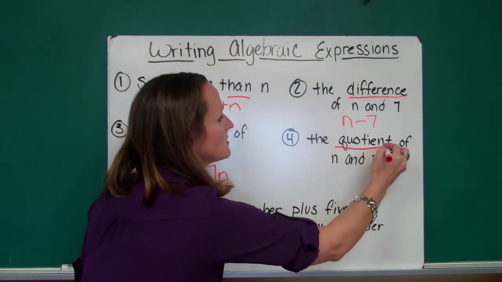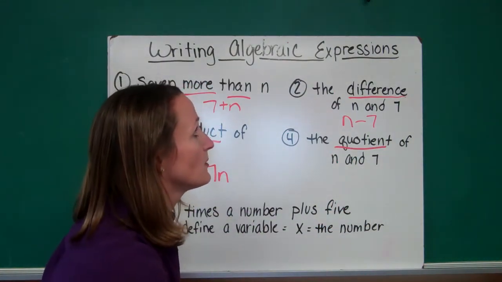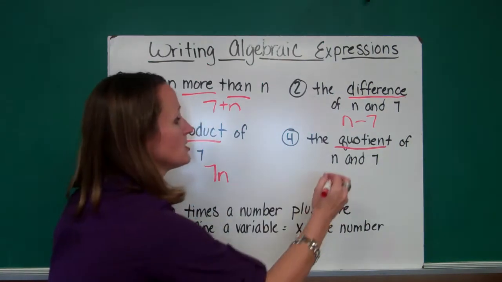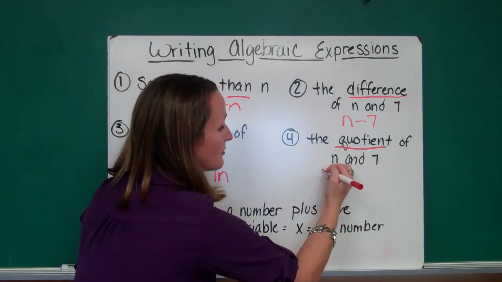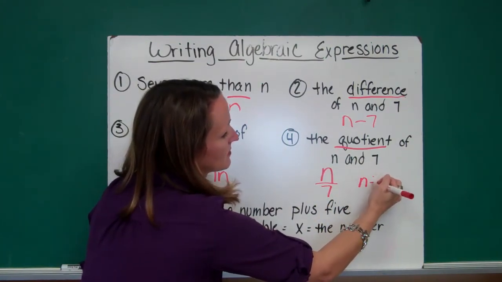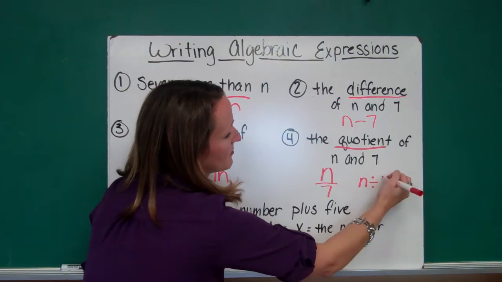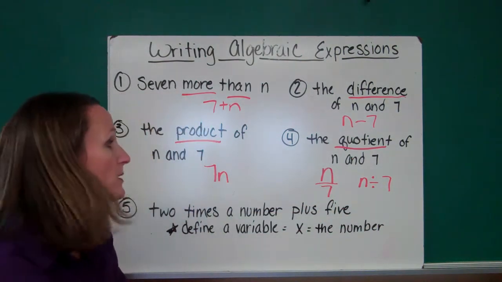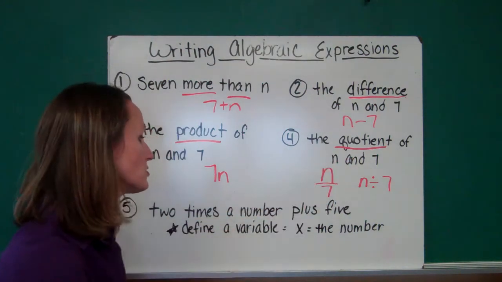Quotient tells us to divide, and once again, division is not commutative, so if it says the quotient of n and 7, we would want to write n divided by 7. In any case, you need to make sure n is being divided by 7 and not the other way around, depending on how it's written.